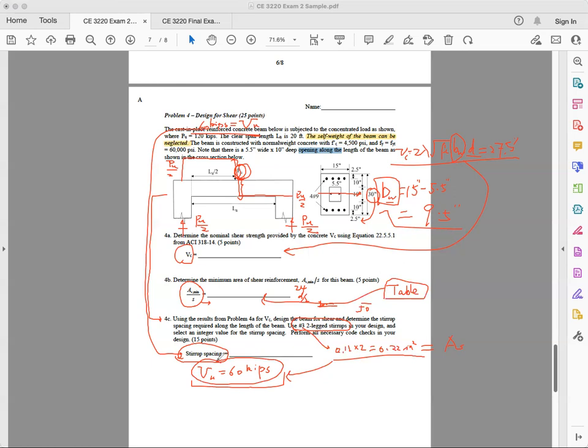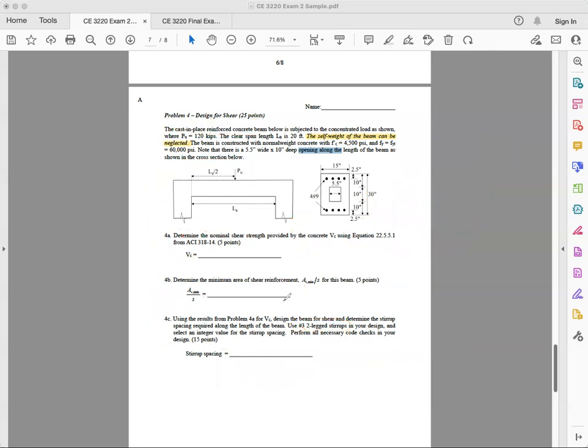Now, let me say this to save your time. In the exam, we will not ask you to design for a varying shear diagram, okay? Most likely, like this problem, we're going to give you a constant Vu and ask you to design for stirrup spacing. All right. So that is for the stirrups, for the shear.